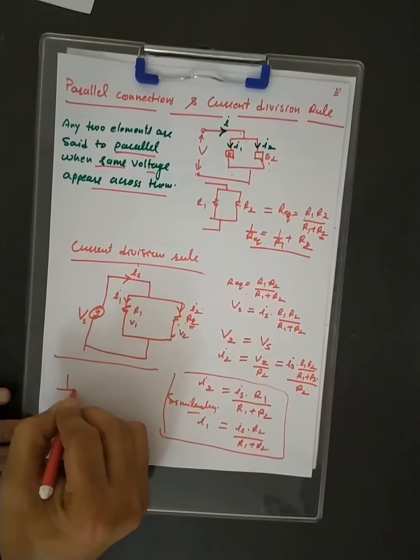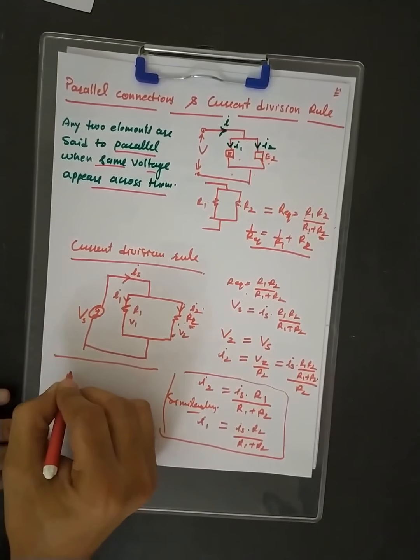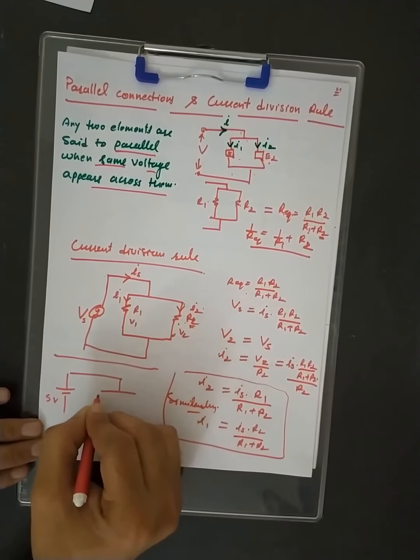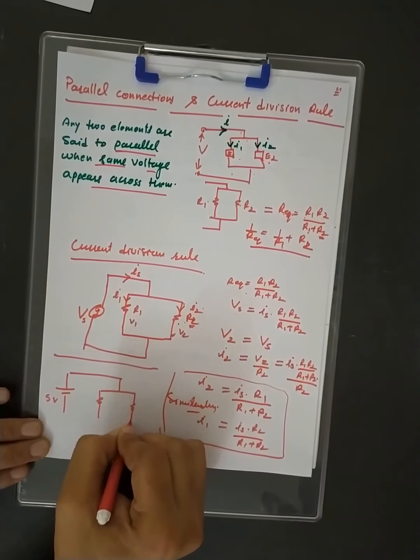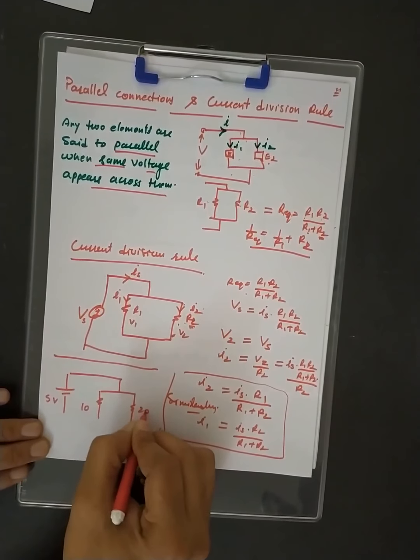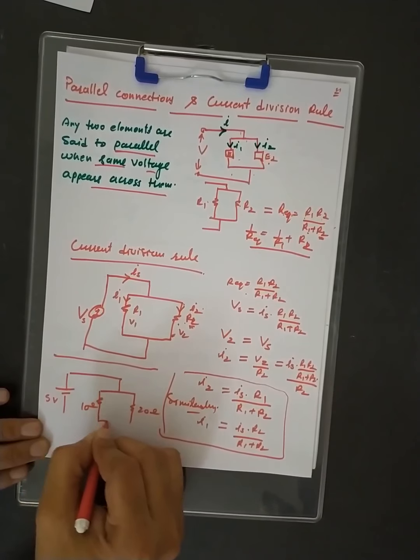Okay. Suppose here is the voltage source, 5 volt is connected over here, and we have two resistances. Suppose this one is 10 ohm, this one is 20 ohm, right?